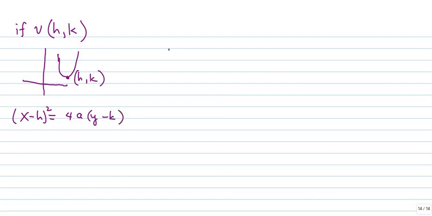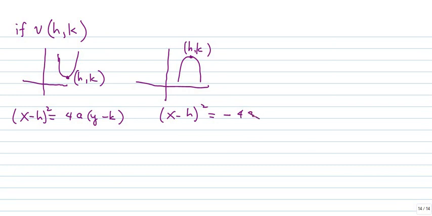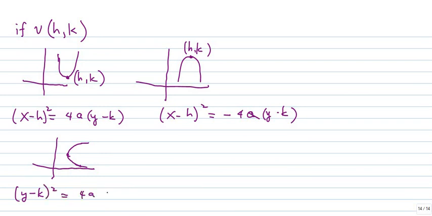If the opening is downward and the vertex is at (h, k), then we simply write (x minus h) squared equals negative 4a(y minus k). Since the opening is downward, we simply have the negative. If the opening is on the positive x, then we have (y minus k) squared equals 4a(x minus h), because the opening is on the positive x.